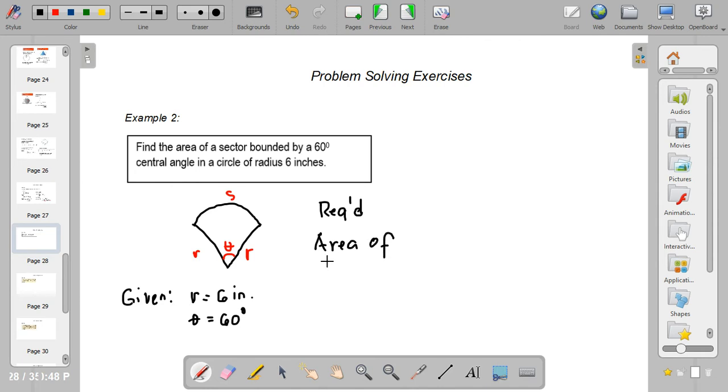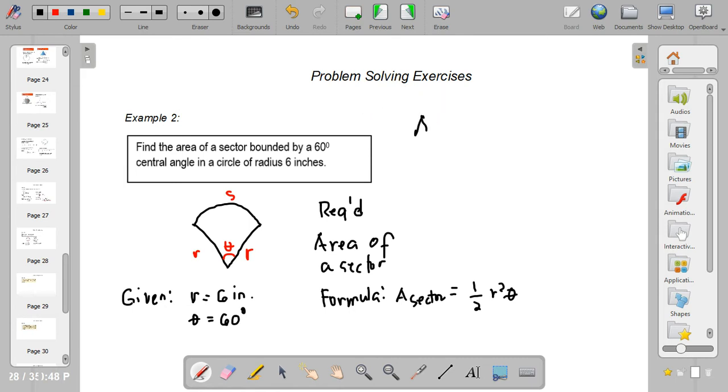And the formula that you're going to use is, of course, A sector equals 1 half r squared theta. Kasi given ang r, given ang theta. So, plugging the values, okay?